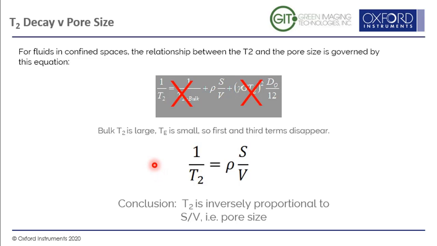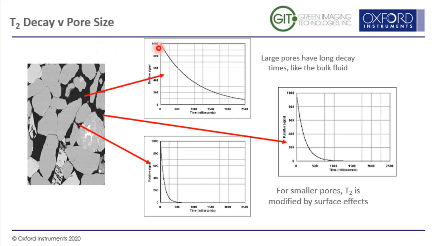What we are left with is a relationship that shows that T2 is inversely proportional to S over V, or in other words, the pore size. So, the T2 from fluids in large pores is relatively long and gets shorter and shorter as the pores go from large to medium to small.